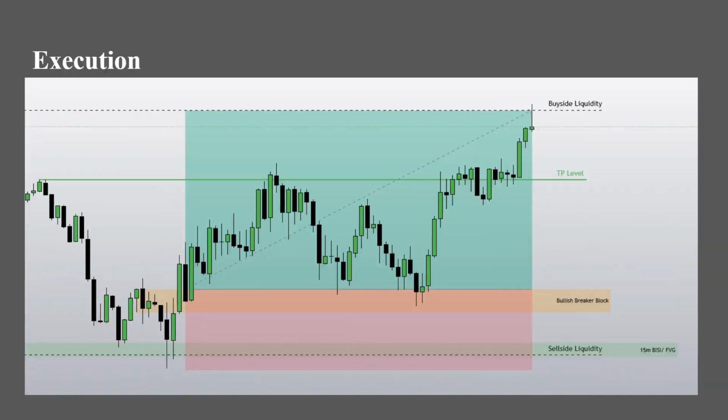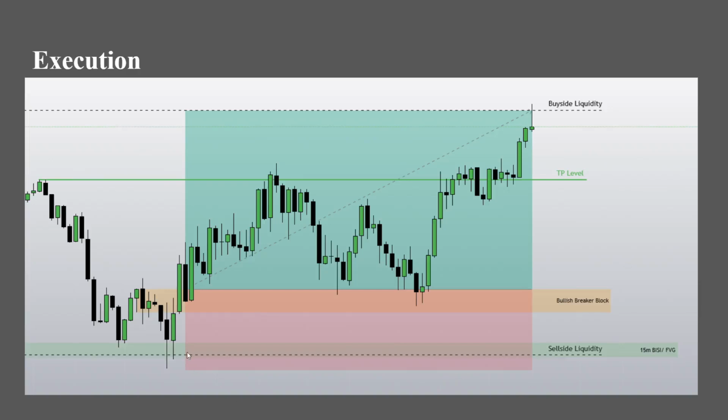You enter, and as you can see, price forms a leg up, retests, comes back down to retest the breaker, forms a leg up, comes back down one more time to retest the bullish breaker, and on every single attempt, it failed to break through that breaker and went up to buy side liquidity.